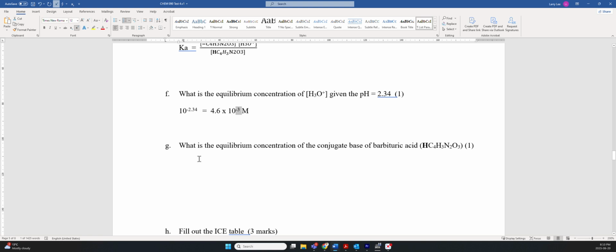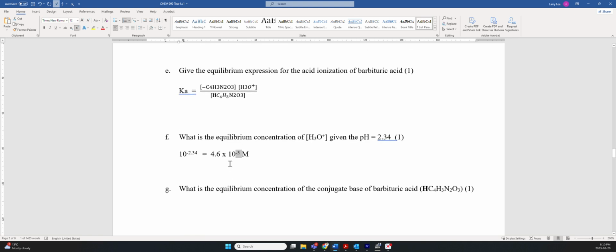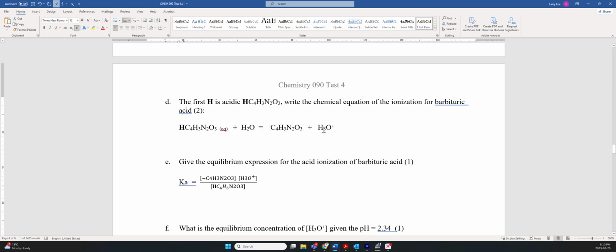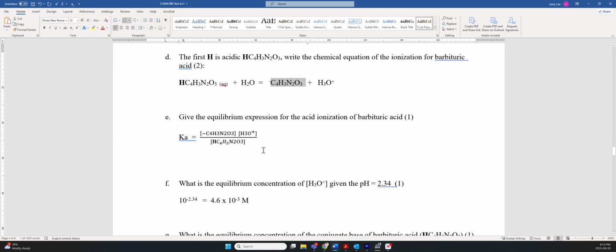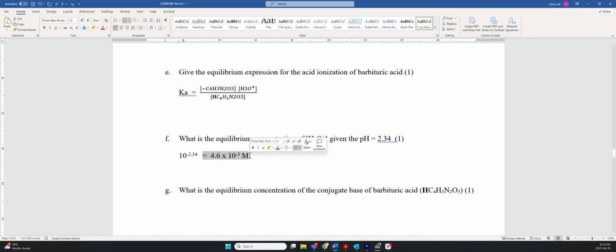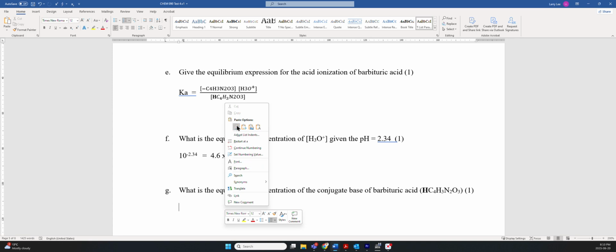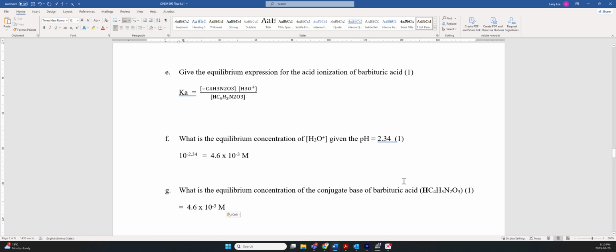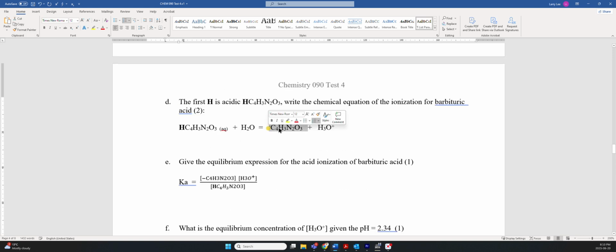Now, the next one, this is exactly the same thing. So what we have in this equation, if we know the concentration of H3O plus at equilibrium, we know the concentration of the conjugate base, which is exactly the same thing. And this is what you're supposed to do. And if you went one step further and said the concentration of H3O plus is equal to the concentration of the conjugate base, which is this guy.